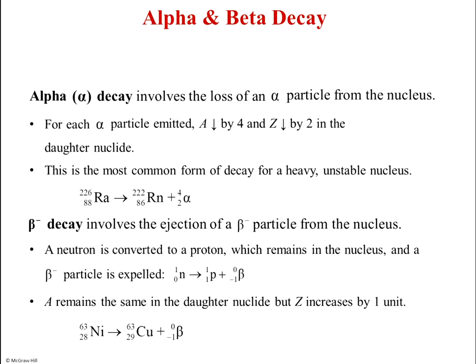So the neutron converts into a proton and a beta particle or electron, and the high-speed electron is emitted. In this case, the mass number remains the same in the daughter nuclide, but the nuclear charge now increases by 1 unit because we've converted a neutron into a proton. Here we see nickel-63, which is a beta emitter, and it converts into copper-63 plus our beta particle.